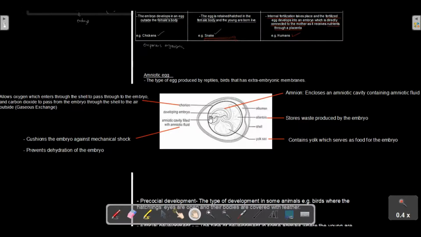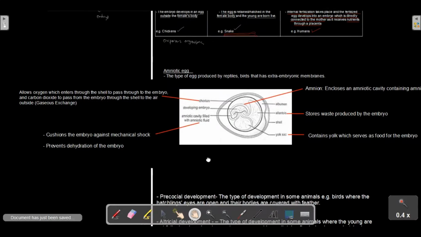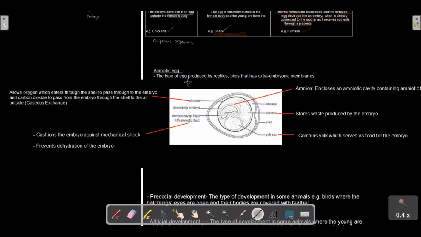I got this diagram from the Western Cape Education Department, so you can get it from that site. This is a type of egg produced by reptiles and birds, and it has extra embryonic membranes. These membranes provide all of the functions required by a developing embryo.